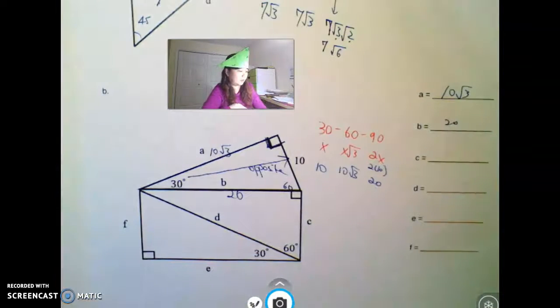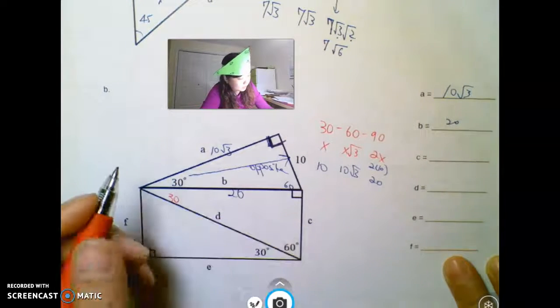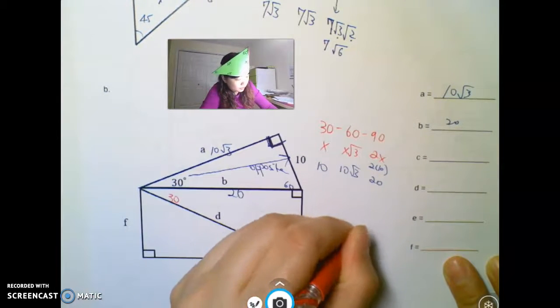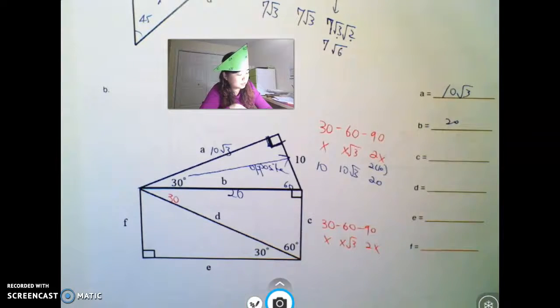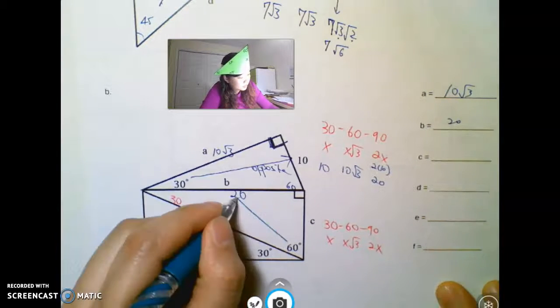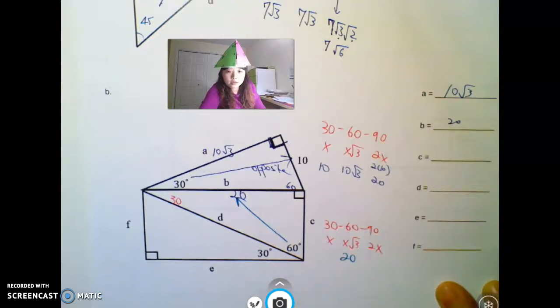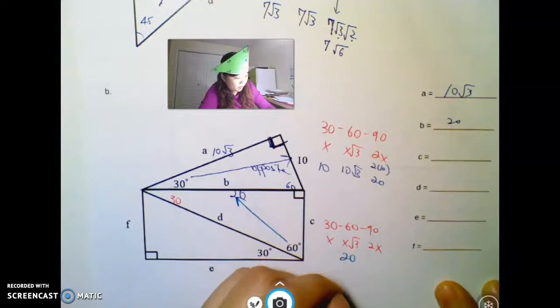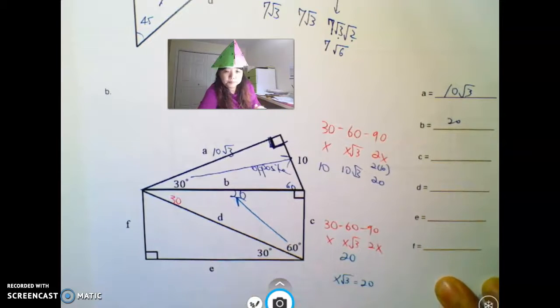Now the middle triangle, what do we have? Another 30, 60, 90, so another x, x root 3, 2x. This time, opposite of 60 is 20. Uh-oh, this is annoying because it's not as easy.